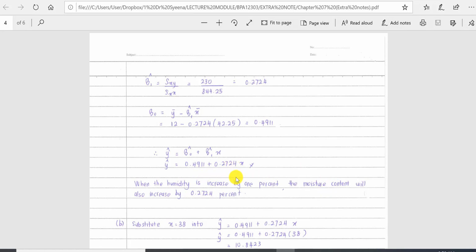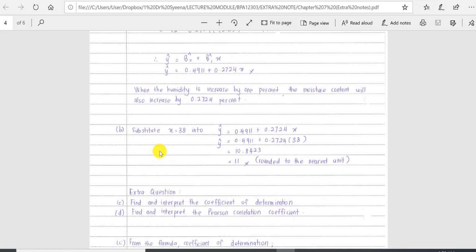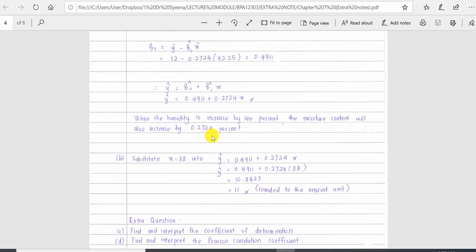0.2724. Okay, now let's say for the second question, we want to predict what is the value of y when your x is equal to 38.